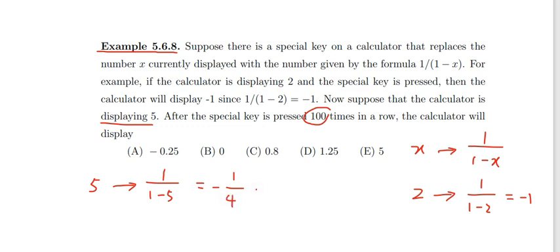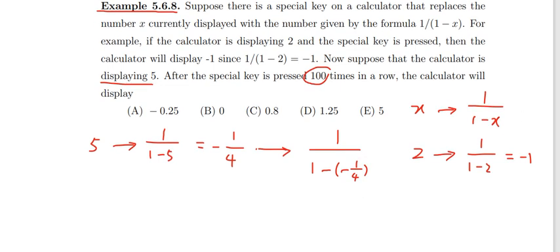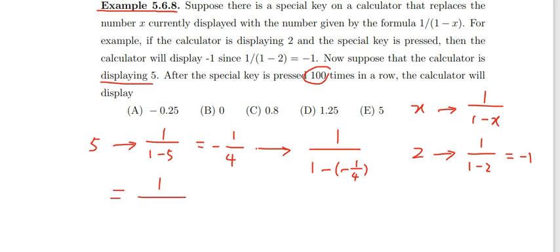So then this becomes 1 minus x, where x is negative 4. So this equals 1 plus 4, which is 5.